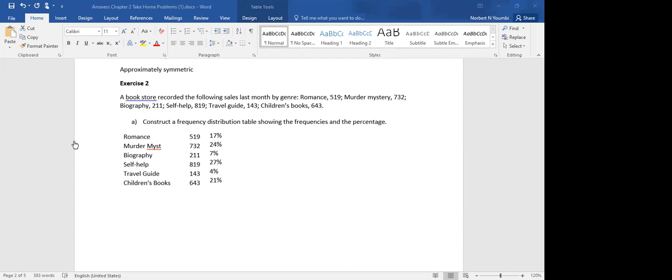So that is another way to find the percentage. Something went wrong here. You can also do the same thing here, equal to this number divided by this number.